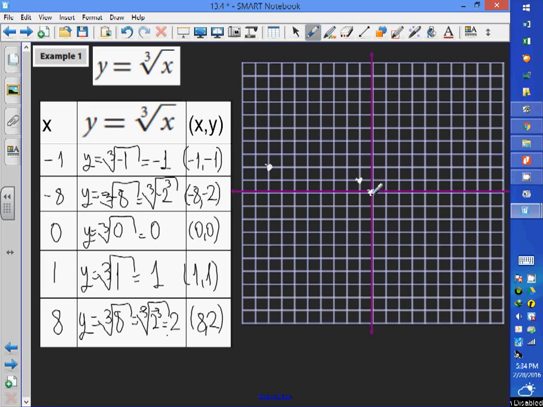When x is -1, and when x is -8... 1 and 1, 8 and 2, which is 1, 2, 3, 4, 5, 6, 7, 8, and 2, which is here. -8 and -2 is going to be down.